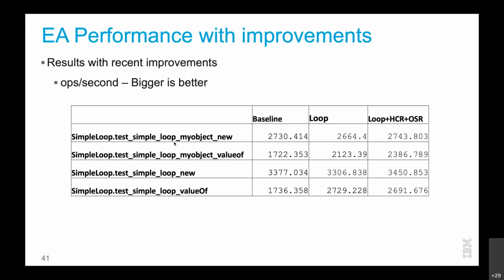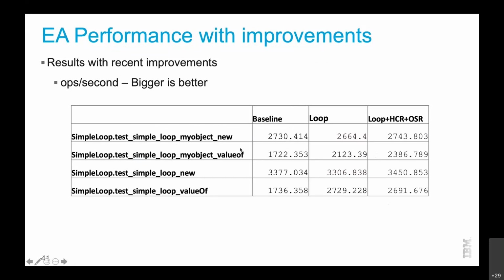Originally, without the improvements that I mentioned in those previous slides, we were in some situations getting tripped up in an example like that through the temporary copying and also potentially through the HCR and OSR issues that I mentioned.